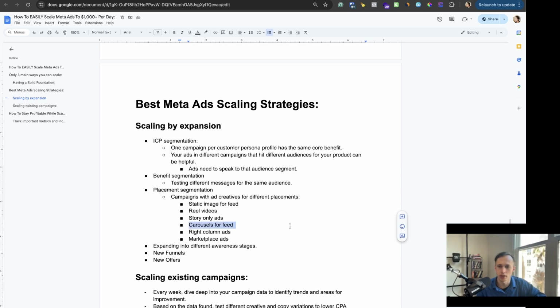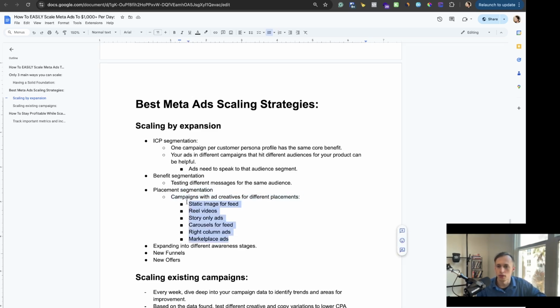Then you have carousels, right column ads, which are mostly text, so text-based ads that work well. Marketplace: let's say somebody's searching to buy something on Marketplace. You can create ads that would look good on Marketplace and get people to buy your stuff instead of somebody else's stuff.